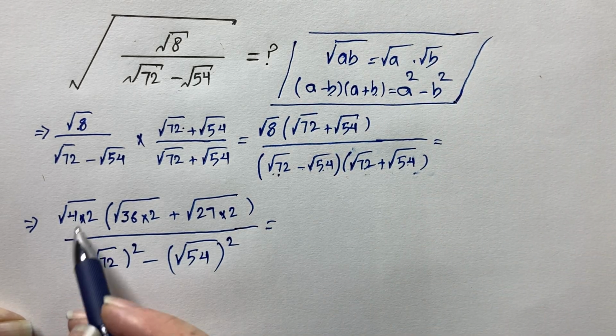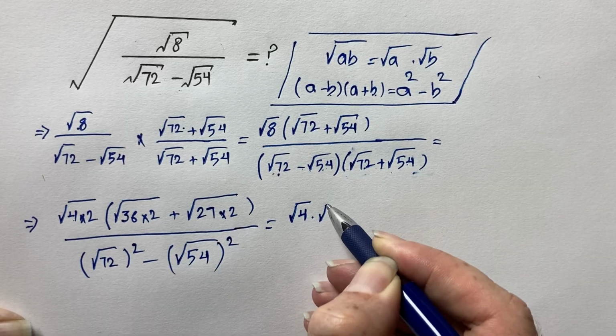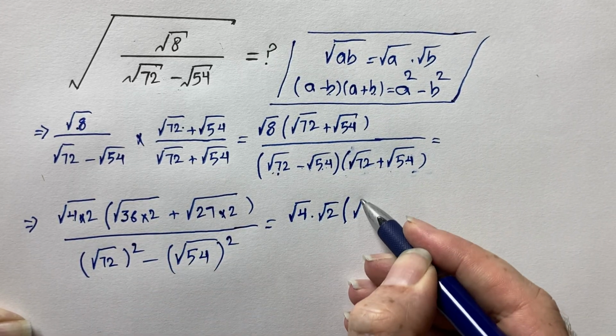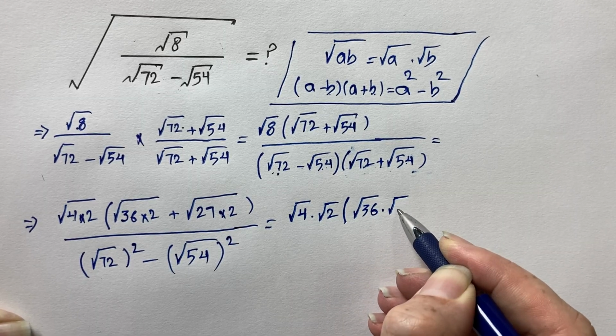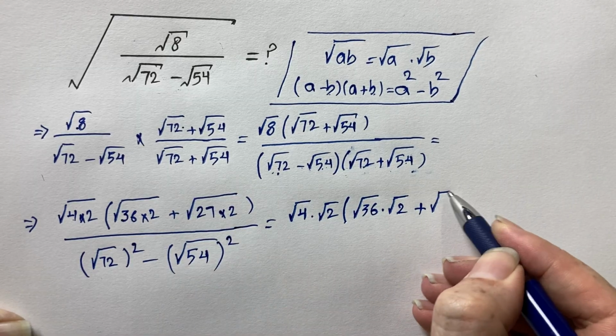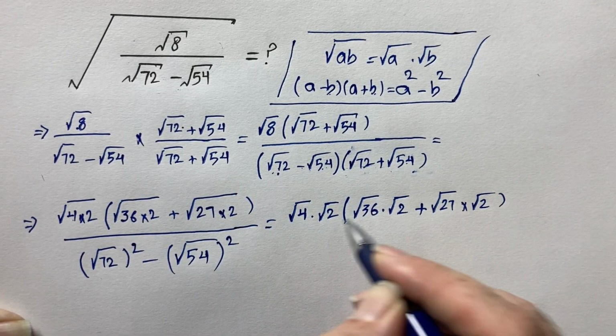Square root of 4 times 2 can be written as square root of 4 times square root of 2. This one can be written as square root of 36 times square root of 2 plus this one, square root of 27 times square root of 2. This is on top.